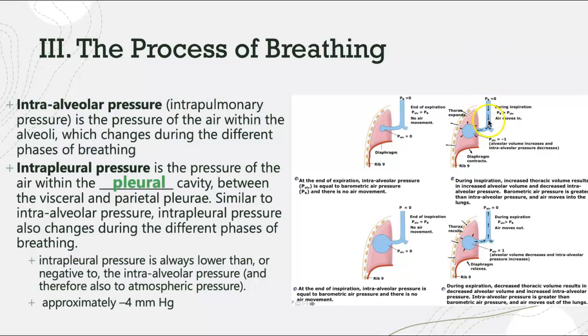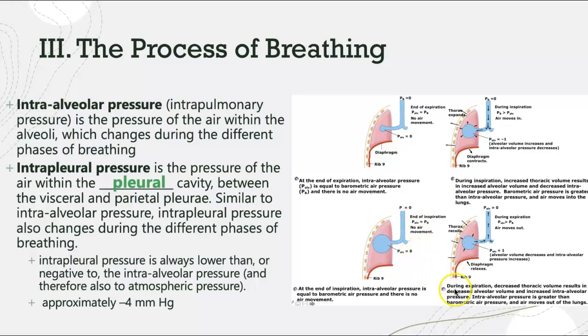And so that will help to bring in the air into the alveolus. Now, once we bring all of that air in, we are then going to change our pressure in our alveolus to 0. So once again, our barometric pressure and the pressure inside our alveolus are the same, and so we are going to have no air movement.